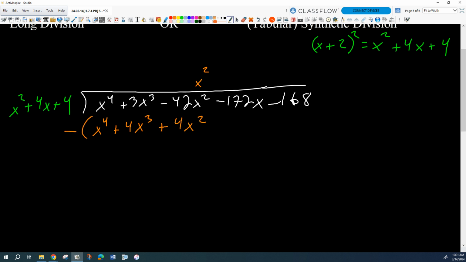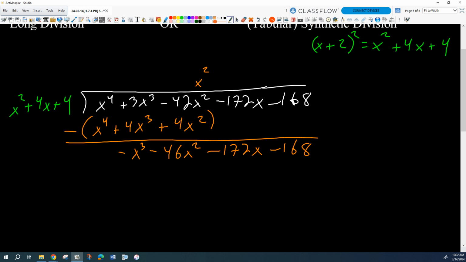We'll put it all in parentheses and subtract out front. If we subtract vertically, the first terms cancel. What do I get here? Negative x cubed. Negative 38x squared. Remember, I'm subtracting. Oh, negative 46, there you go. Bring the rest down.